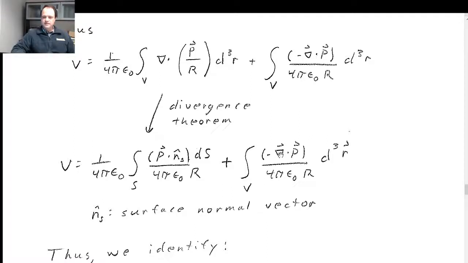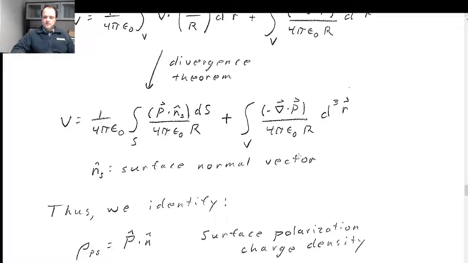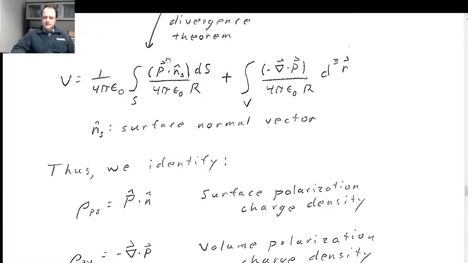We have a minus del dot p. And same thing here. We have the 4 pi epsilon naught r, but instead of a rho or a charge density, we have p dot n hat. So these must represent charge densities over the surface and throughout the volume. And so that's what we define these two quantities as.